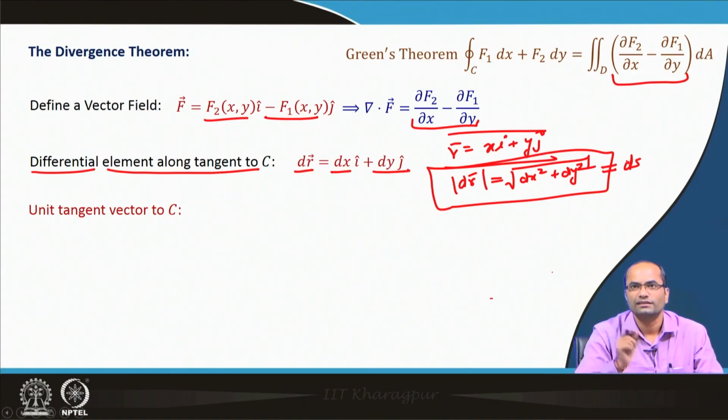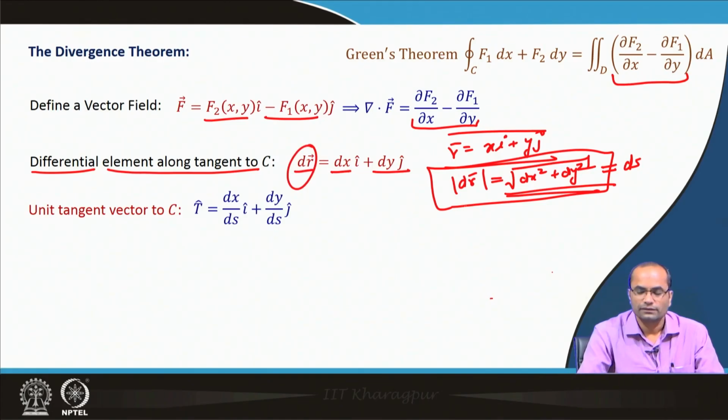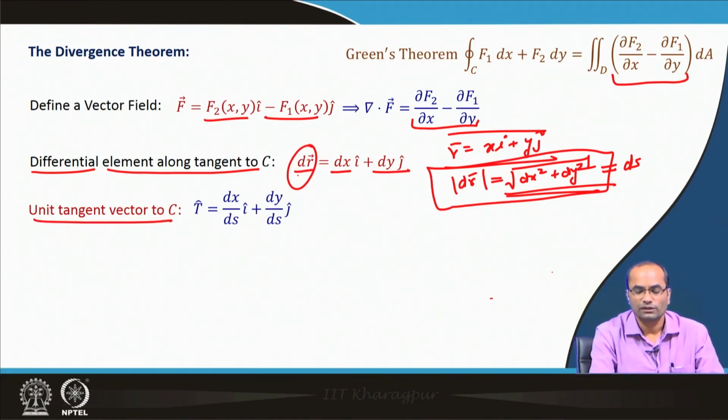So, ds is the differential element on the arc. If we divide dr, dx and dy by ds, what we get is the unit tangent vector, because this is along the tangent and we have divided by its magnitude.